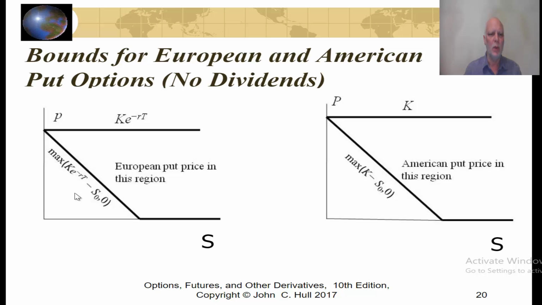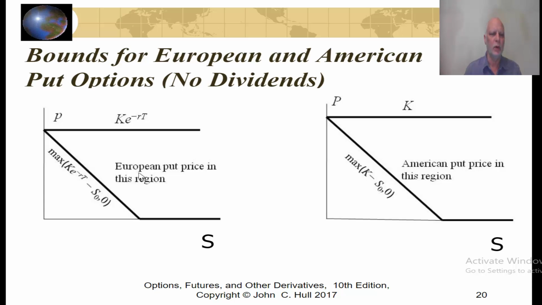How about the minimum value? Well, we know that the intrinsic value of an American put is the maximum of K minus S naught, comma 0, and again, the American put can be exercised anytime, so you're going to get the maximum of K minus S, comma 0 for the American put.